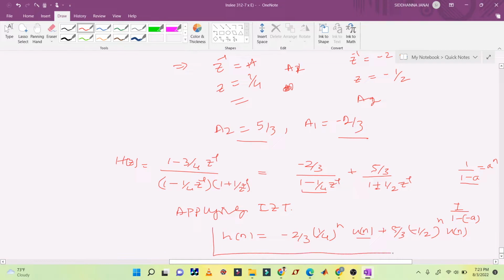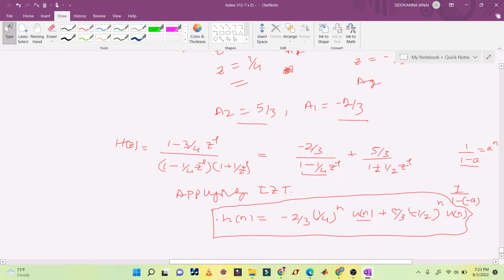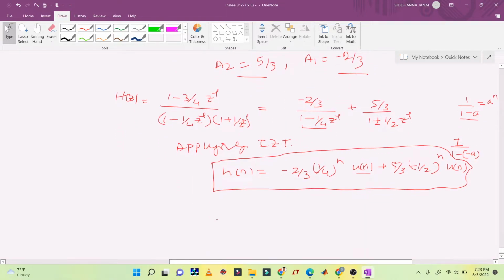So this is our transfer function h of n, or impulse response of the system, with input given as x of n and output given as y of n. These two were given. From this we are able to find the system's impulse response in the time domain. Is that clear?